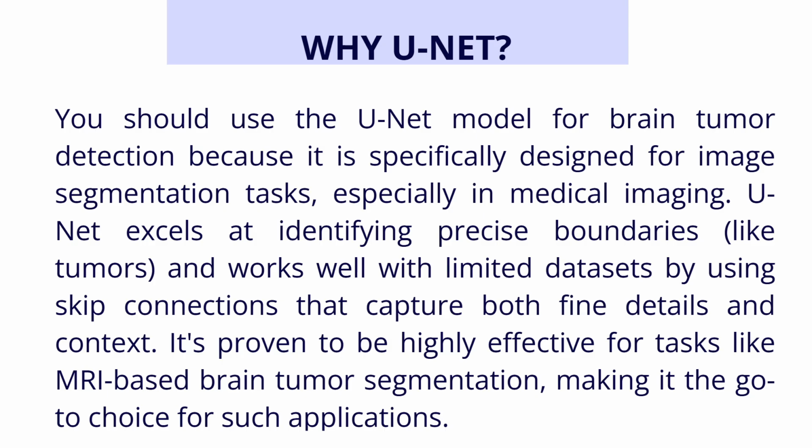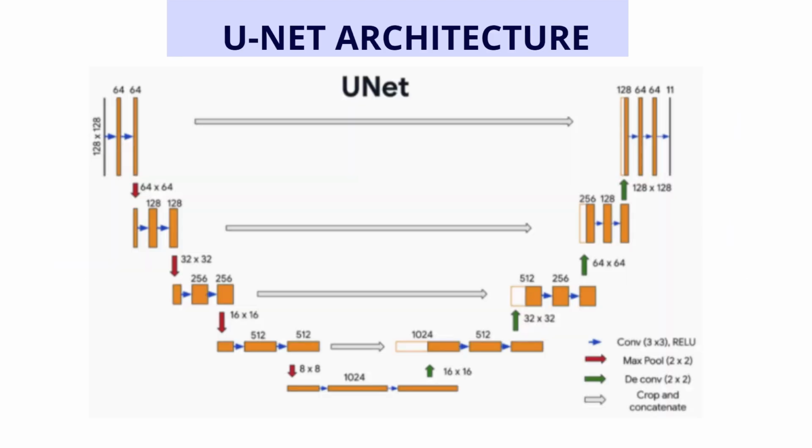The reason we are using a UNET algorithm is because UNET is the most efficient way for training on medical images. As we'll see in UNET architecture, first we do something known as downsampling. In downsampling, we go on reducing the size of the image, and we increase the number of features that are being learned.